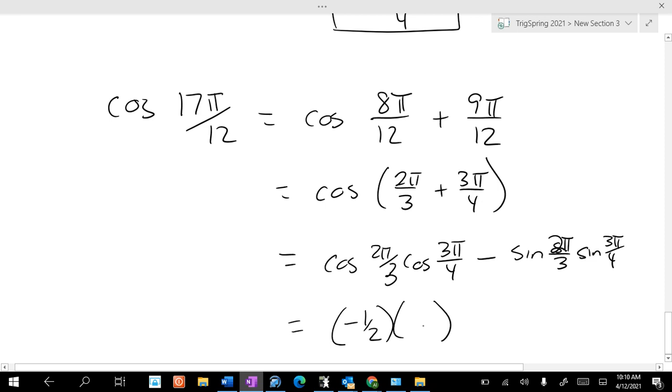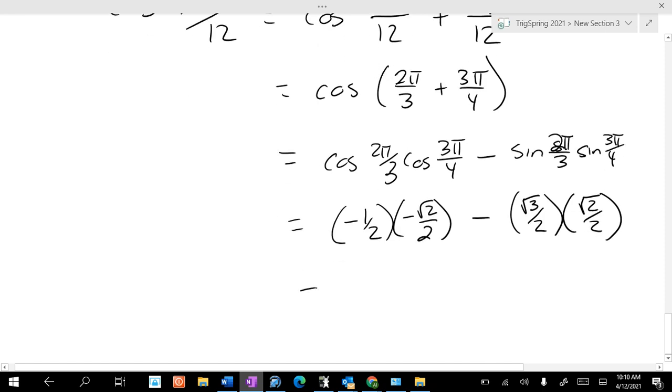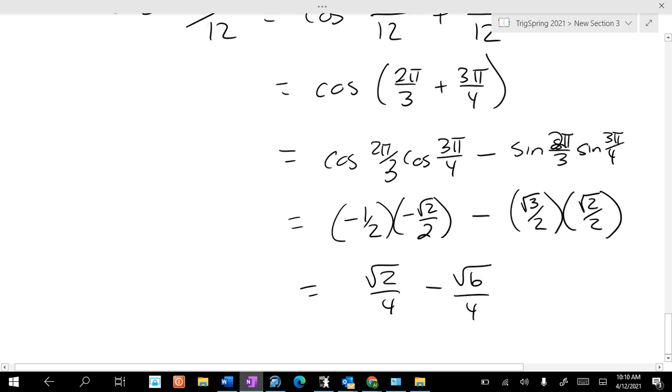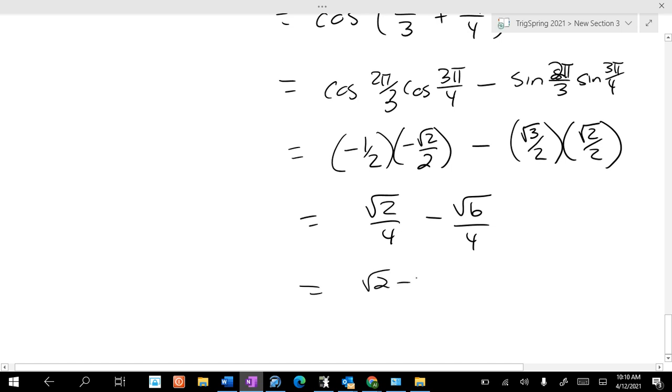What's the cosine of 3 pi over 4? Negative square root of 2 over 2. Minus the sine of 2 pi over 3, square root of 3 over 2. Sine of 3 pi over 4. So you get positive, because the negative times the negative is positive, square root of 2 over 4 minus square root of 6 over 4, which equals square root of 2 minus square root of 6 all over 4.